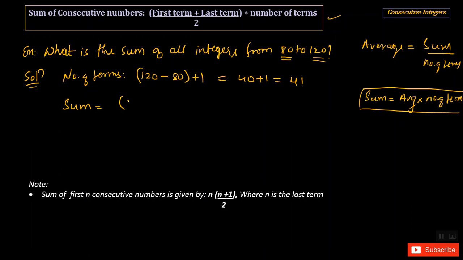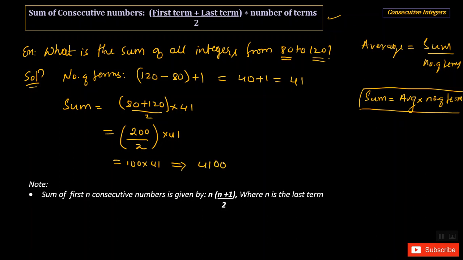So we can say 80 plus 120 by 2 times 41. 80 plus 120 is 200, by 2 is 100, times 41. So your sum is going to be 4100. This is the sum of all the numbers from 80 to 120, no matter whichever range they give. So this is the way of solving, right?